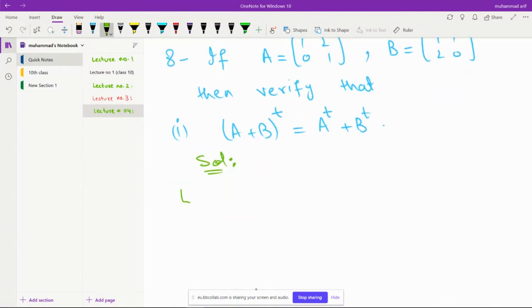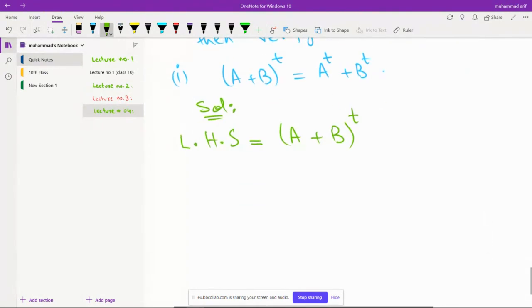We write first of all its left hand side, which is A plus B whole transpose. Instead of A, we write matrix A, plus instead of B, we write matrix B and take whole as a transpose. Matrix A is 1 2 0 1 and matrix B is 1 1 2 0.